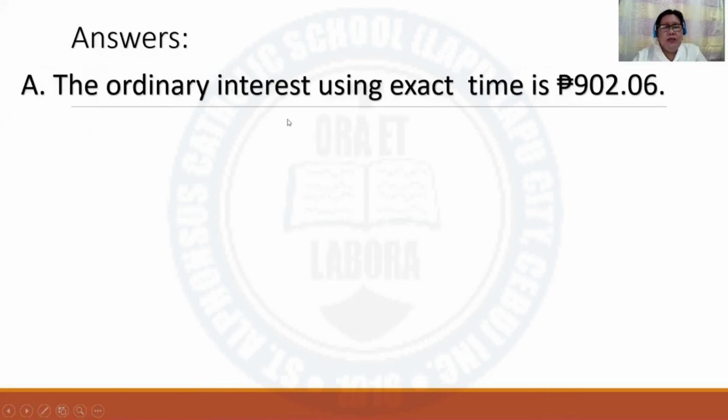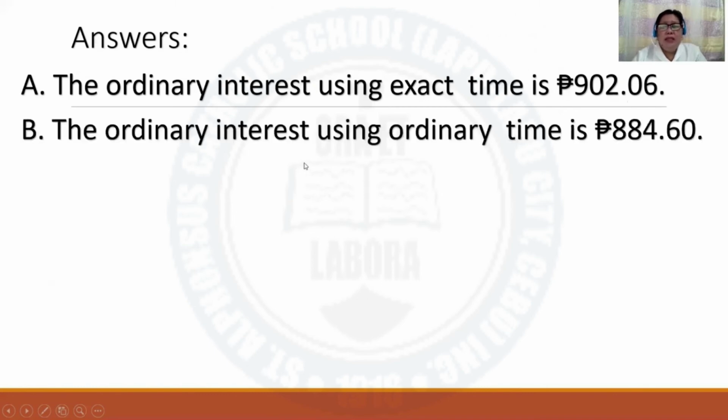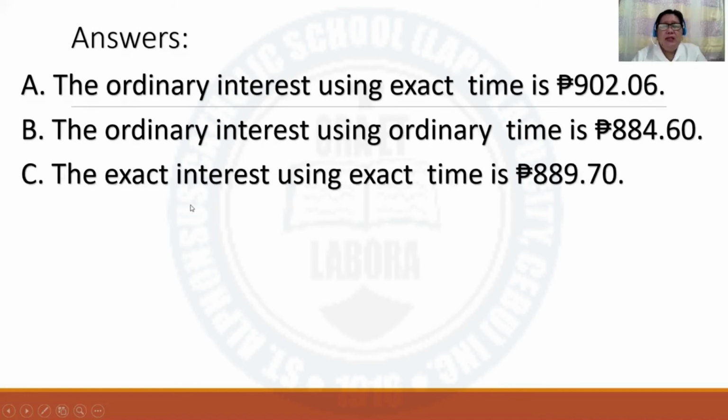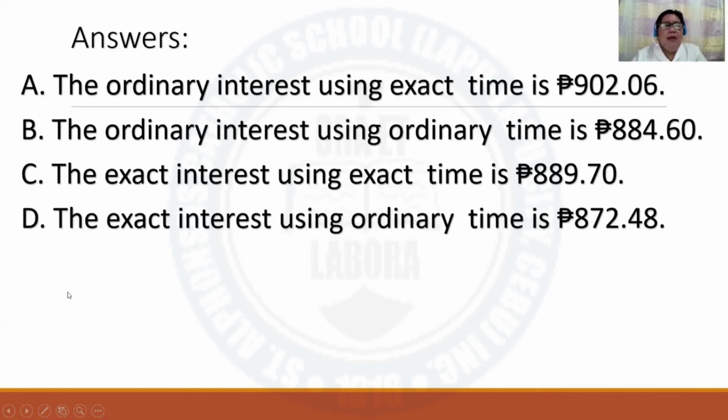So the answers are the following. The ordinary interest using exact time is 902.06. The ordinary interest using ordinary time is 884.60 pesos. The exact interest using exact time is 889.70. And the exact interest using ordinary time is 872 pesos and 48 centavos.